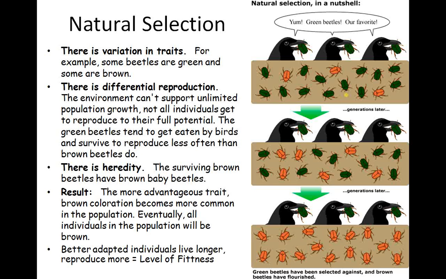And over time, if the selective pressure of the crows eating the green beetles still exists, what will happen is that the green beetles, every time they are born, get eaten, and therefore are less likely to reproduce. When we look at this, what we look at here is something called level of fitness. The brown beetles had the advantageous trait, and therefore they had a higher level of fitness than the green beetles.